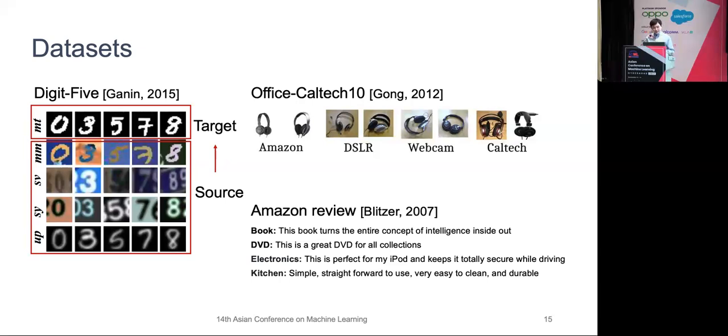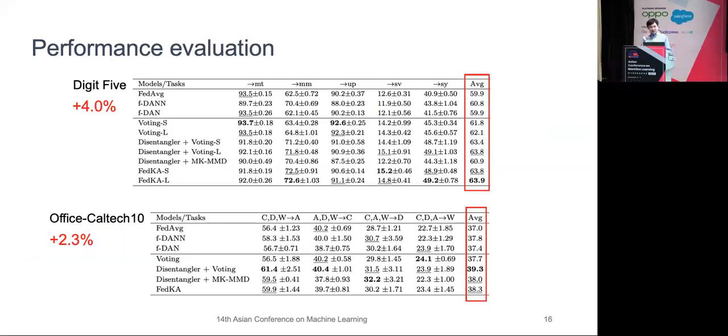I show here the performance evaluation on the image classification datasets. In these tables, each column shows the performance of a specific transfer learning task. We performed an ablation study to evaluate the efficacy of each component of the proposed framework. The methods above the bar are the baseline methods we compare with, and the methods below the bar are different variations of the proposed method.